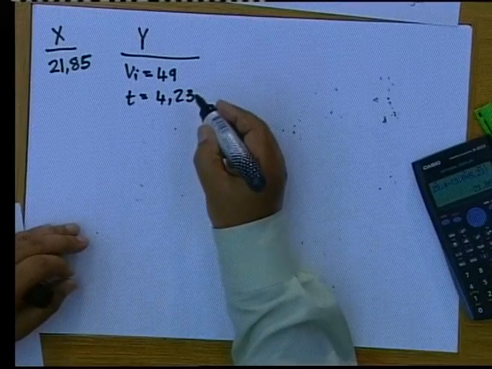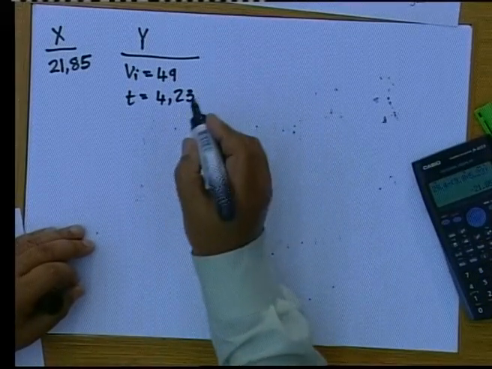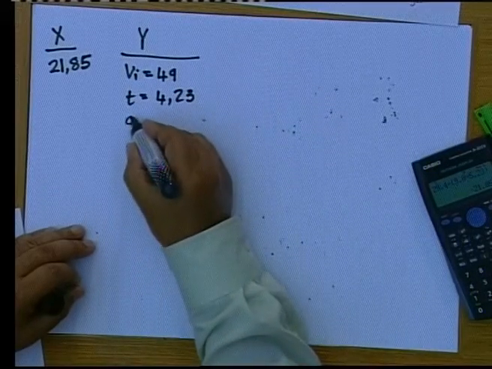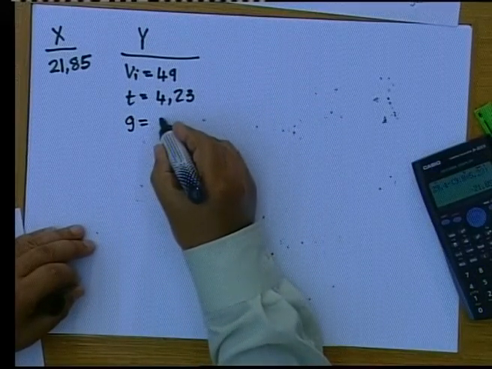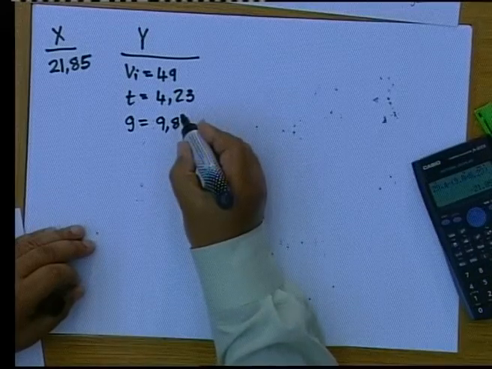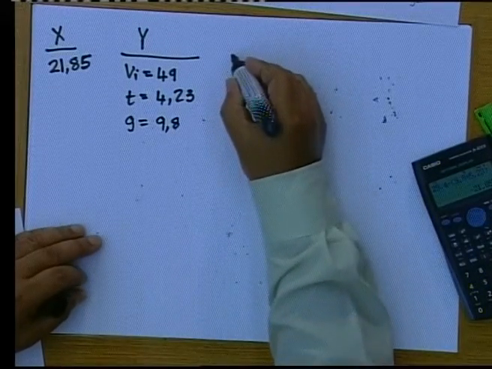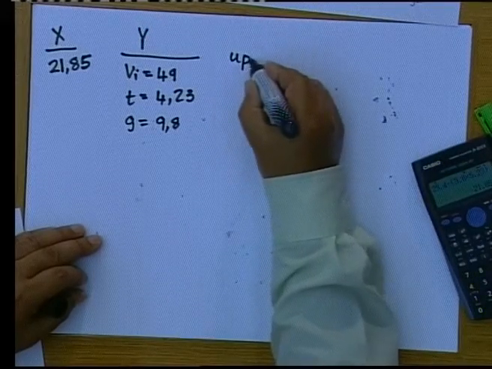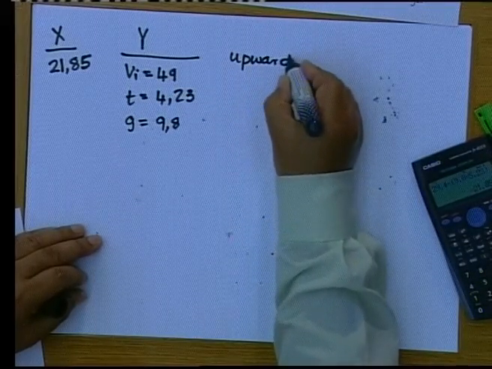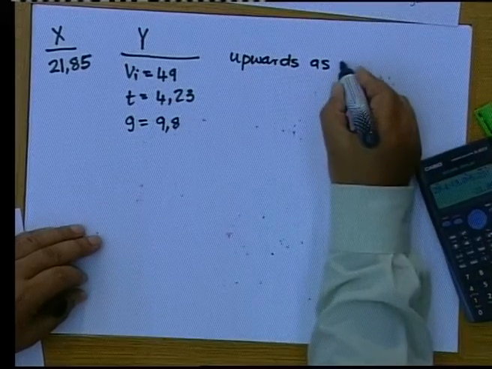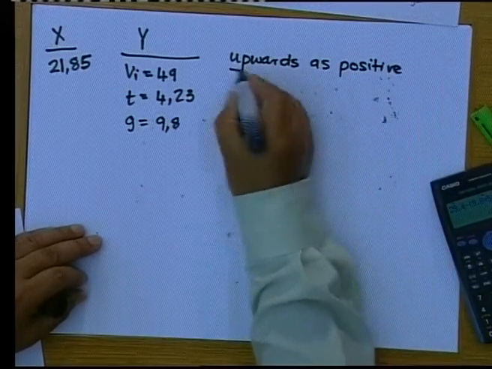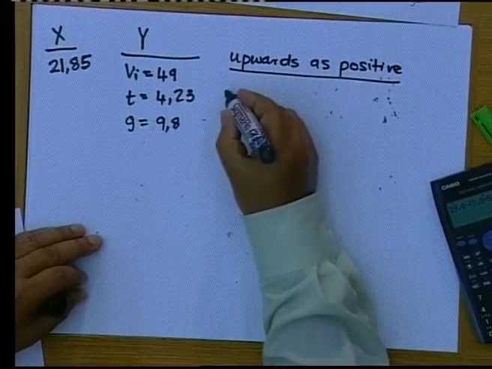So what do I need? I now need the final velocity of projectile Y. Again, g is 9,8. If I take upwards as positive, then surely I do have the following. I can use the same formula again.